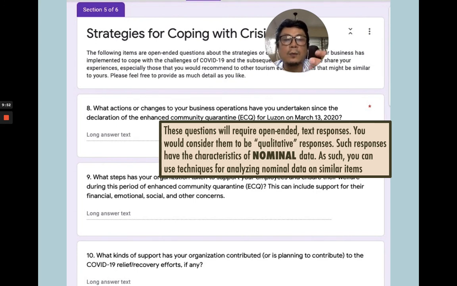But if you're asking what did we count? For example, this question about what actions or changes to your business operations have you undertaken since the declaration of the enhanced community quarantine for Luzon on March 13, 2020, we could count how many gave answers that are related to marketing, how many gave answers that are related to finance, how many gave answers that are related to employee welfare, and so on.